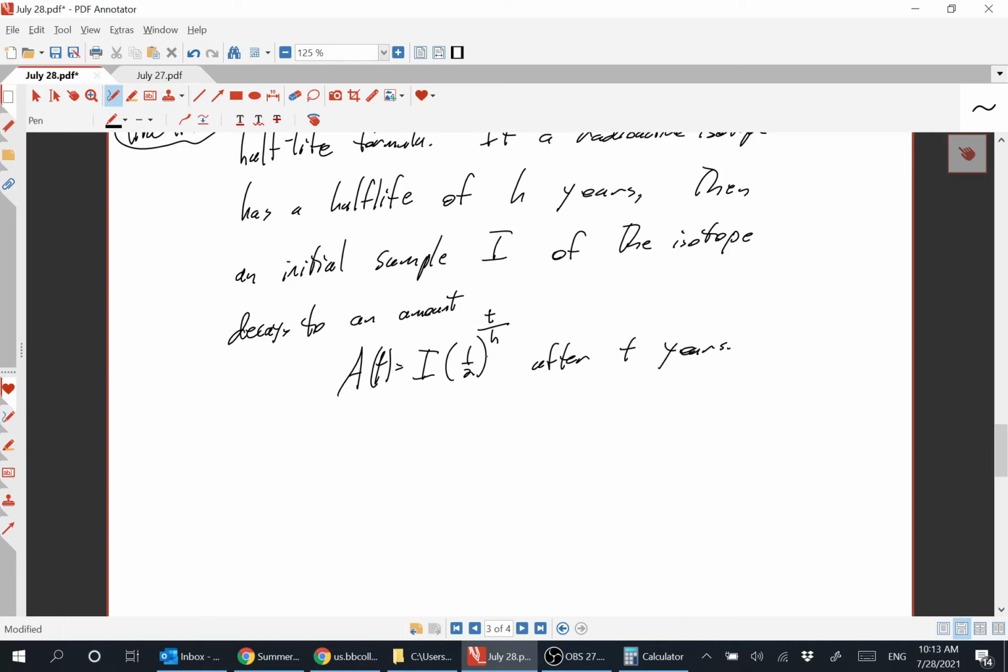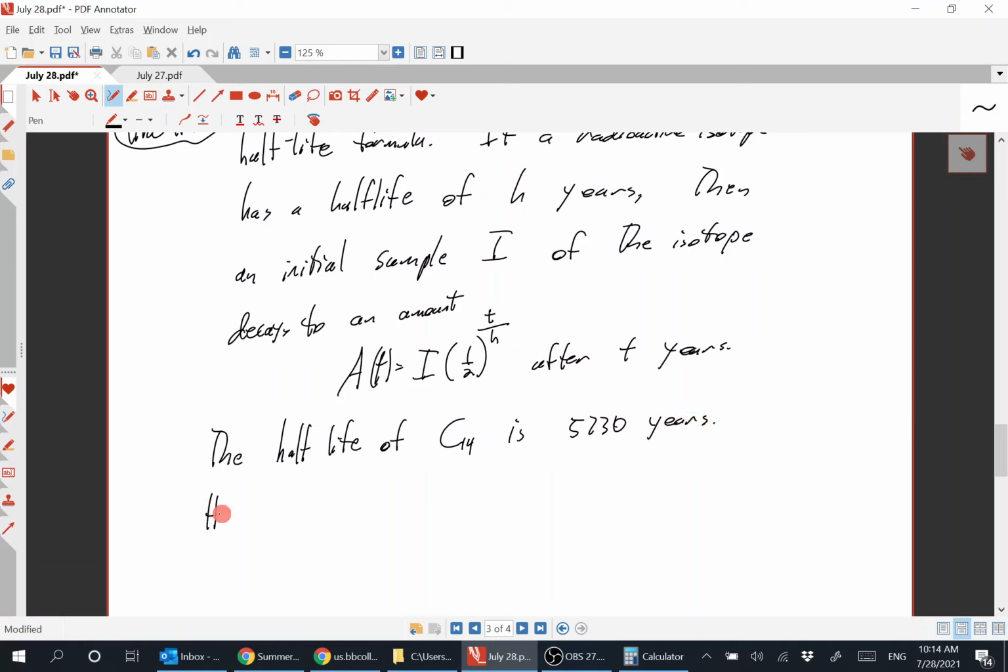Half life of C14. The half life of carbon 14 is 5,730 years.